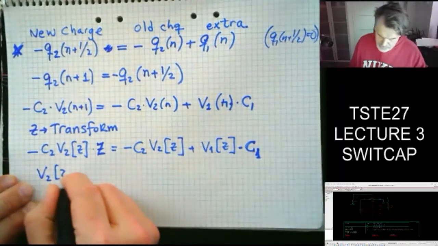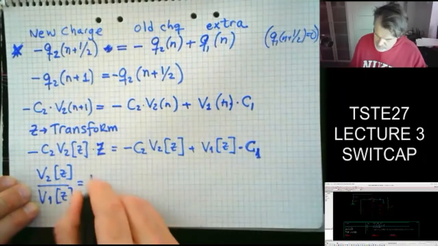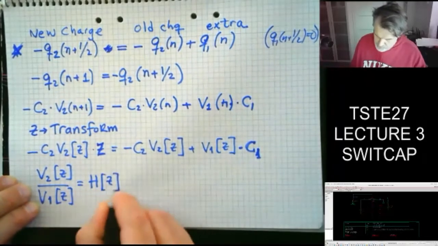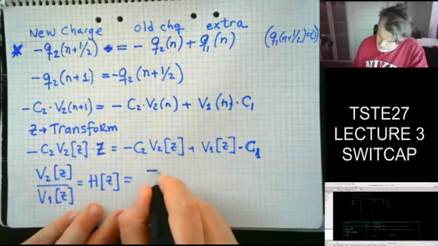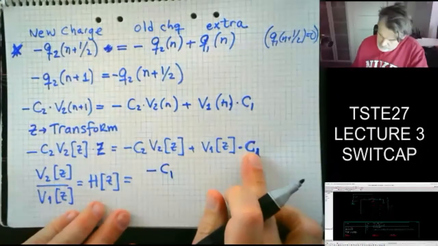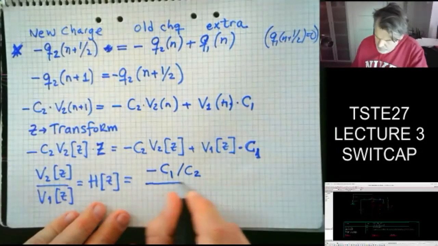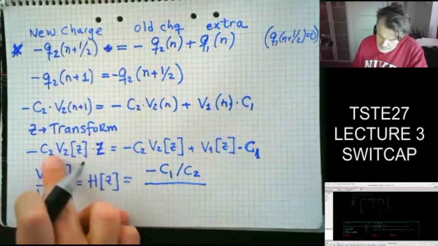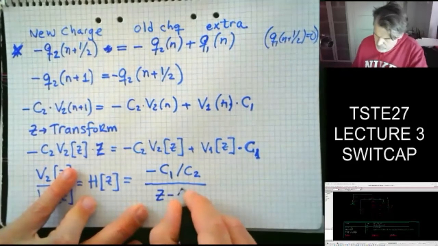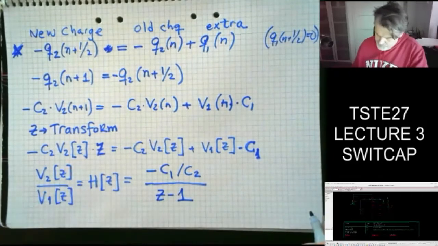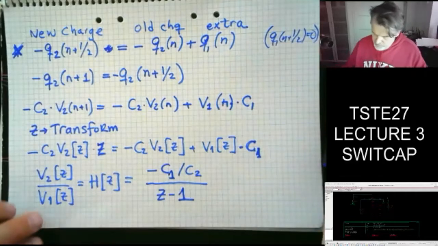We get V2 of z divided by V1 of z, equal to H of z, equal to minus C1 divided by C2. And since C2 is multiplying V2, we're just going to have z minus 1 in the denominator, sorry. So that's my transfer function.